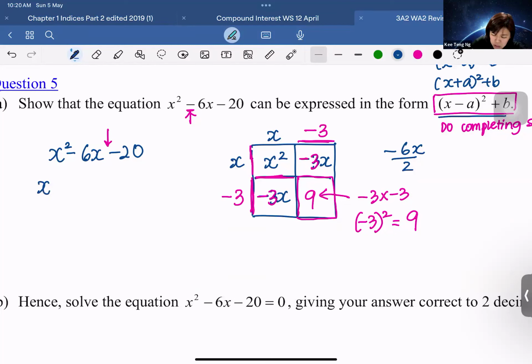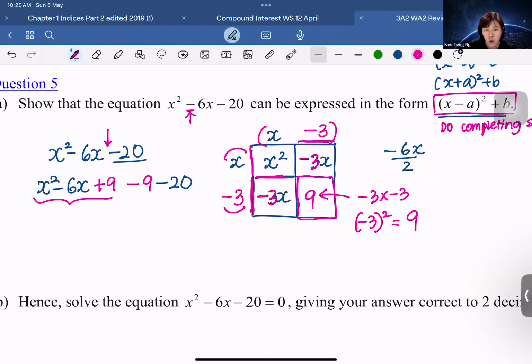So we're going to have x squared minus 6x, and I'm going to do a +9 and a -9. Then I still have a -20, so I bring down my -20. All right, so this portion over here will give me my perfect square, which is x minus 3 whole thing squared.